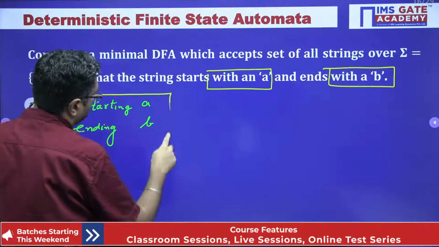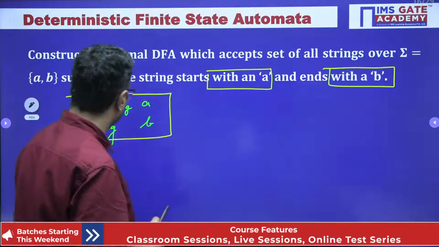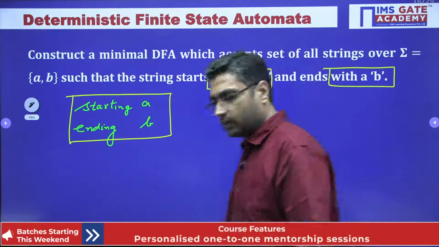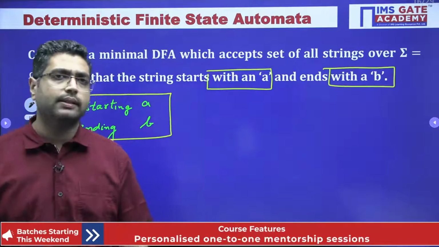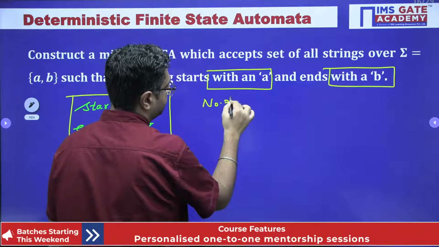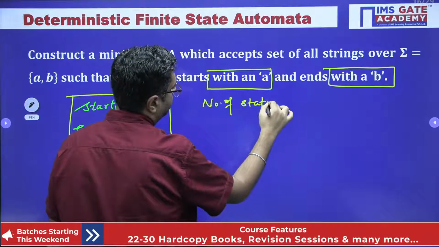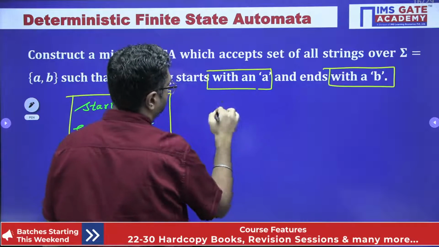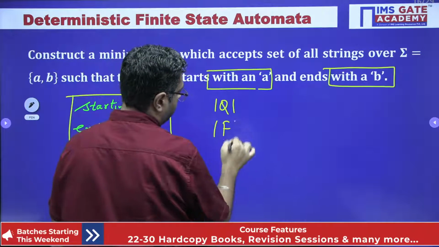So this is what we want. Let me give you 2 minutes to solve this and then I'll discuss the solution. You have to tell me the number of states and the number of final states, that is mod of Q and mod of F.